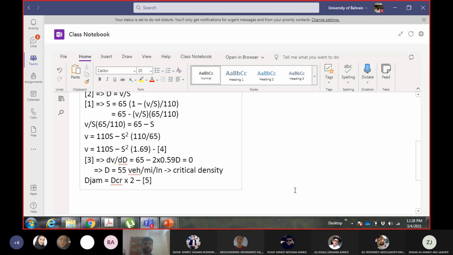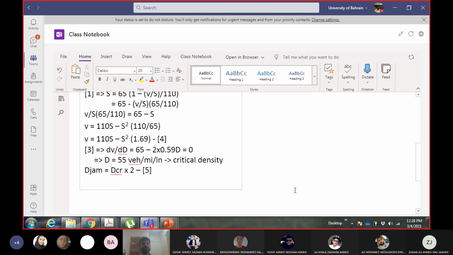You can mark it as equation 5. Now let us find out the critical speed, the speed when the flow is maximum. Again, you have to take the slope of this equation and put it equal to 0. So you take the derivative. Equation 4 becomes dv ds, which will be 110 minus 2 times 1.69 s, and this is equal to 0.